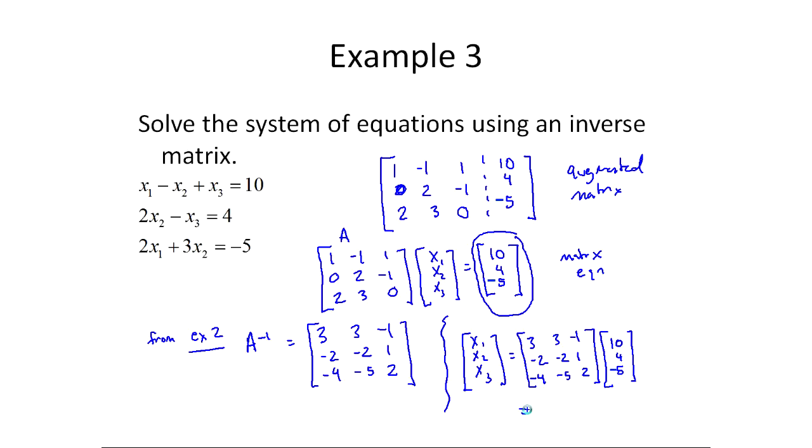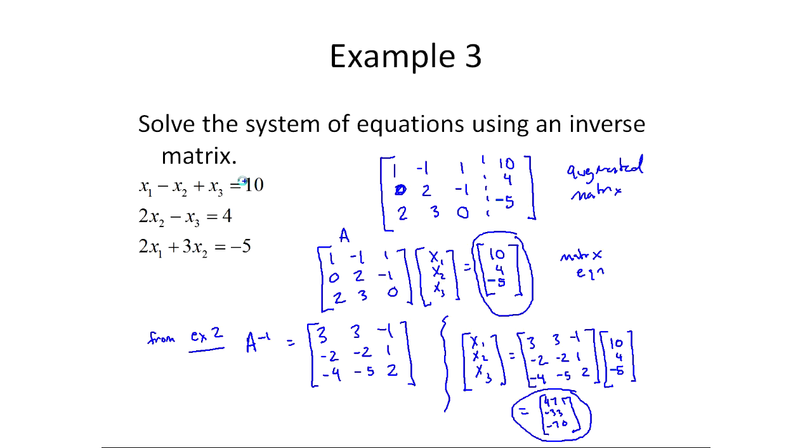And this is quick multiplication. This is something that you can do based on the last section. And so I'll go ahead and do it and tell you what I get. I end up with 47, minus 33, and minus 70. So in other words, my solution is x1 equals 47, x2 equals minus 33, and x3 equals minus 70.